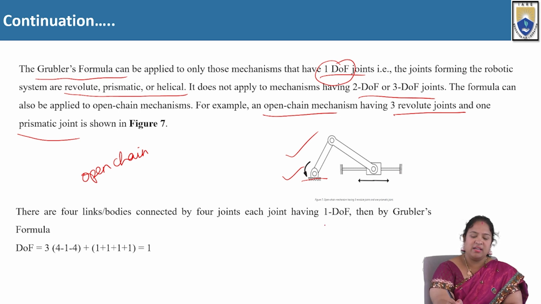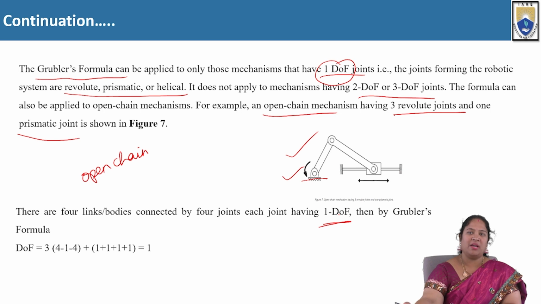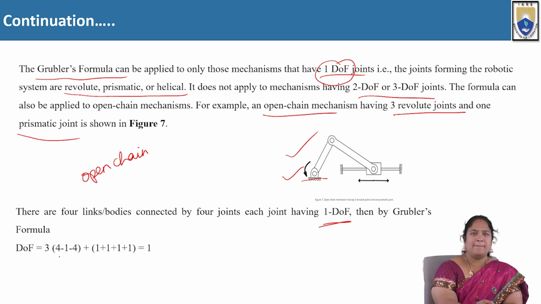How can we tell that it comes under 1 degree of freedom and the Grubler formula applies? The degrees of freedom formula is 3 into (L minus 1) minus 2 into J. So 3 into (4 minus 1) minus 2 into 4, where the 4 joints are 1, 2, 3 and 4.